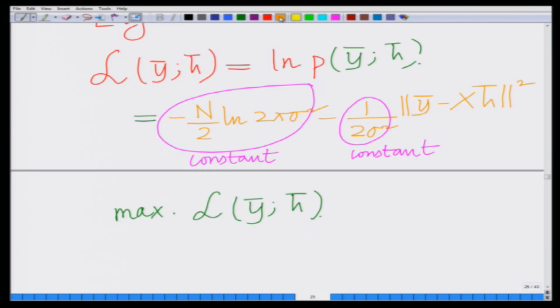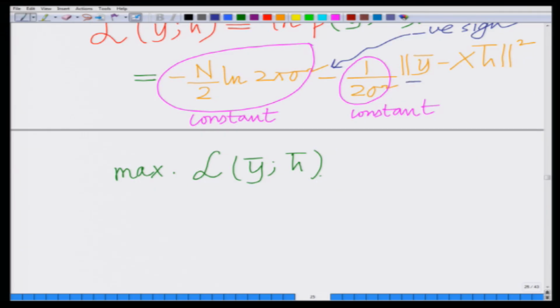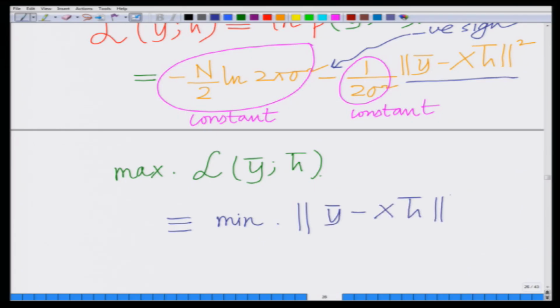Once again, observe that there is a negative sign here, which changes things. So, you remove the constant, you invert the negative. Because of the negative sign, the maximization of the log likelihood is equivalent to the minimization of this part. This is the symbol for equivalent, this is equivalent to minimizing norm y bar minus x h bar whole square.